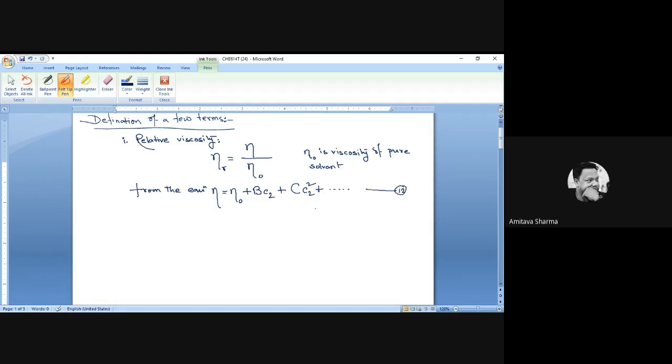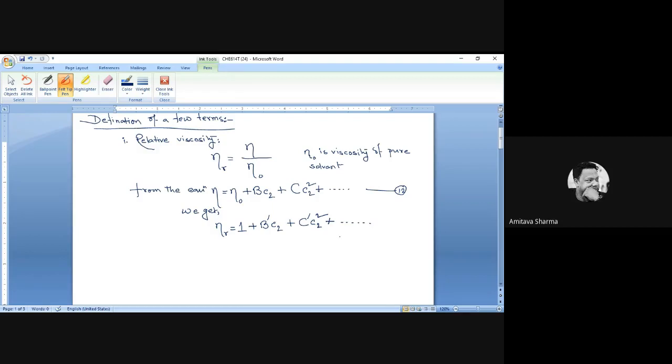So from equation 12 we get the next two equations, with c2 plus c prime times c2 square.